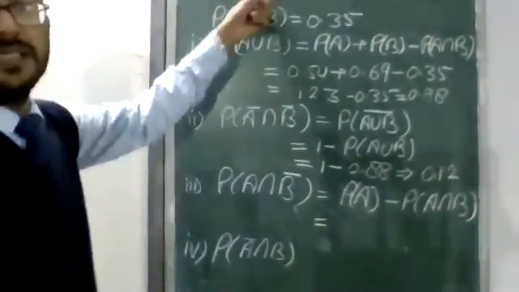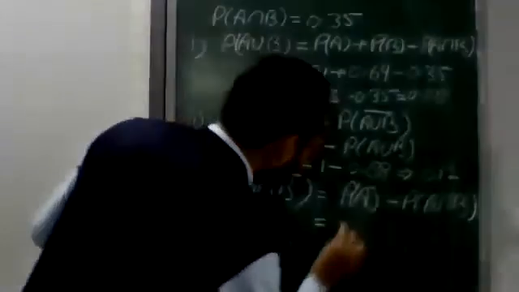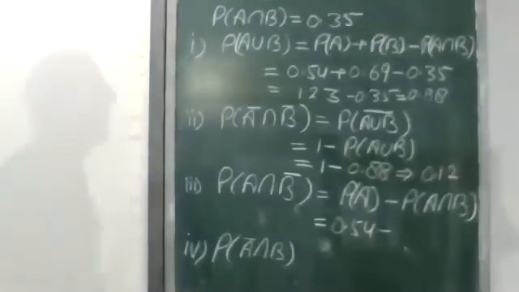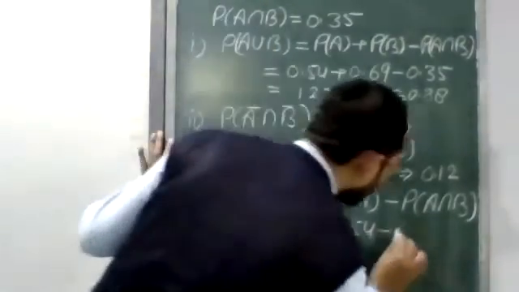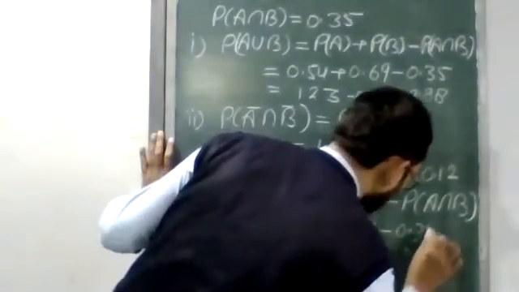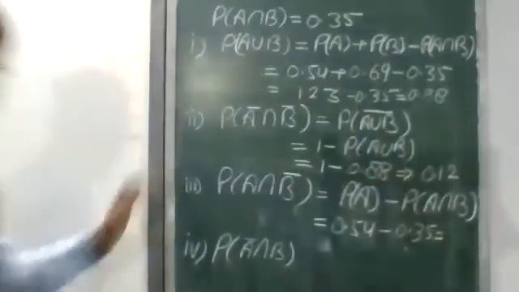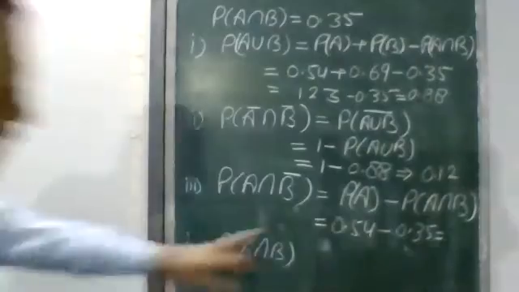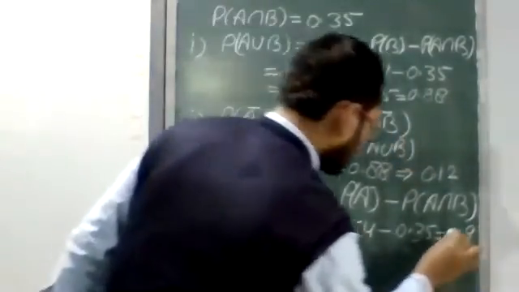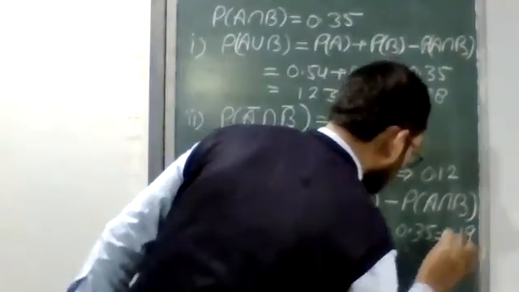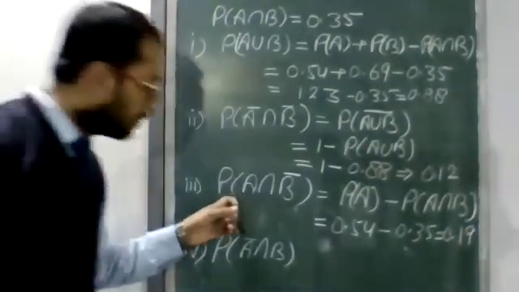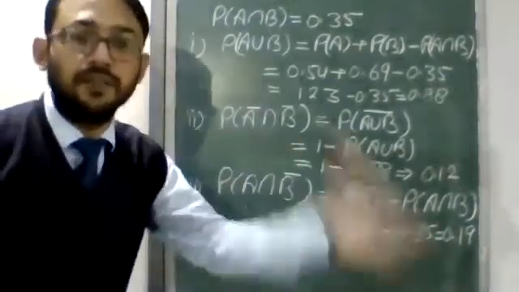It is given as 0.54 minus A intersection B, 0.35. So it will give me the result 0.19, which is the probability of getting A intersection B naught.